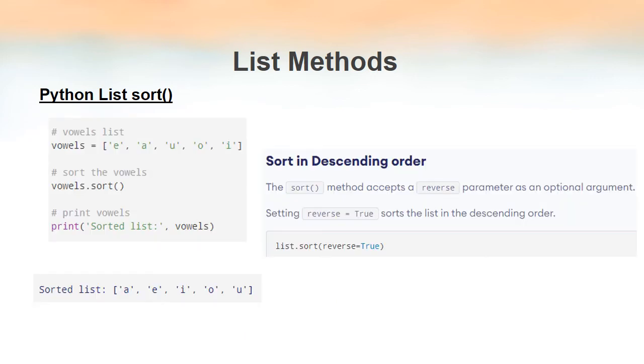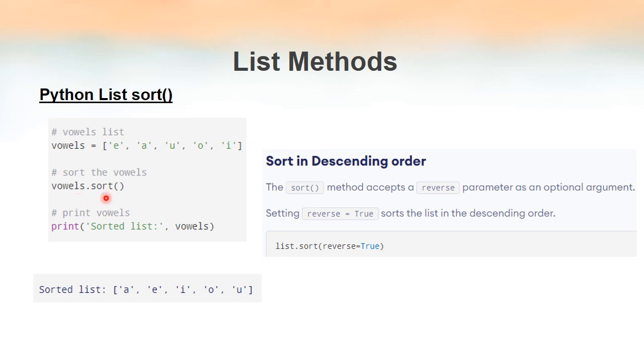In this example we have a list named vowels, and as you can see the elements in this list are not sorted. It's E, A, U, O, I, so it's not a sorted list. We can sort this list by using the sort method. As you can see here, we have not mentioned any parameter, just called the sort method.